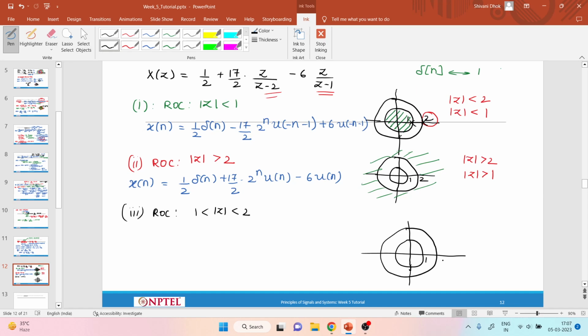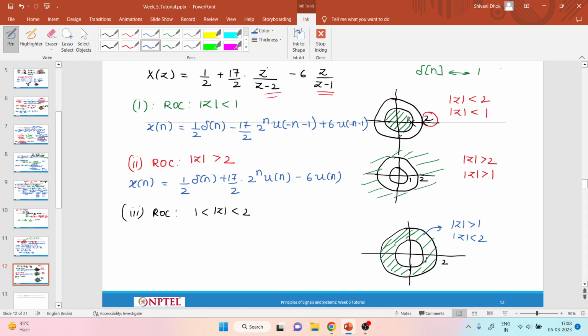So this is 1 and this is 2, and it is the entire region in this ring between the circles of radius 1 and 2. So it's something like this, and this region is obtained when my magnitude of z is greater than 1 and my magnitude of z is less than 2.